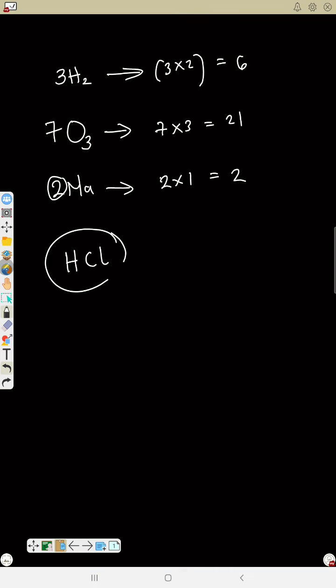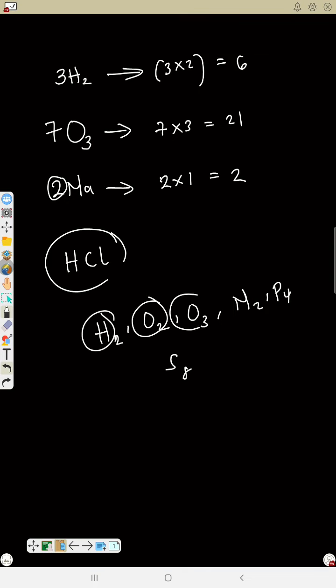So one way to recognize molecules is whether they are homonuclear, made of only one element, such as H2. These ones are homonuclear: H2, O2, O3, N2, P4, S8. They are homonuclear because they have one element.